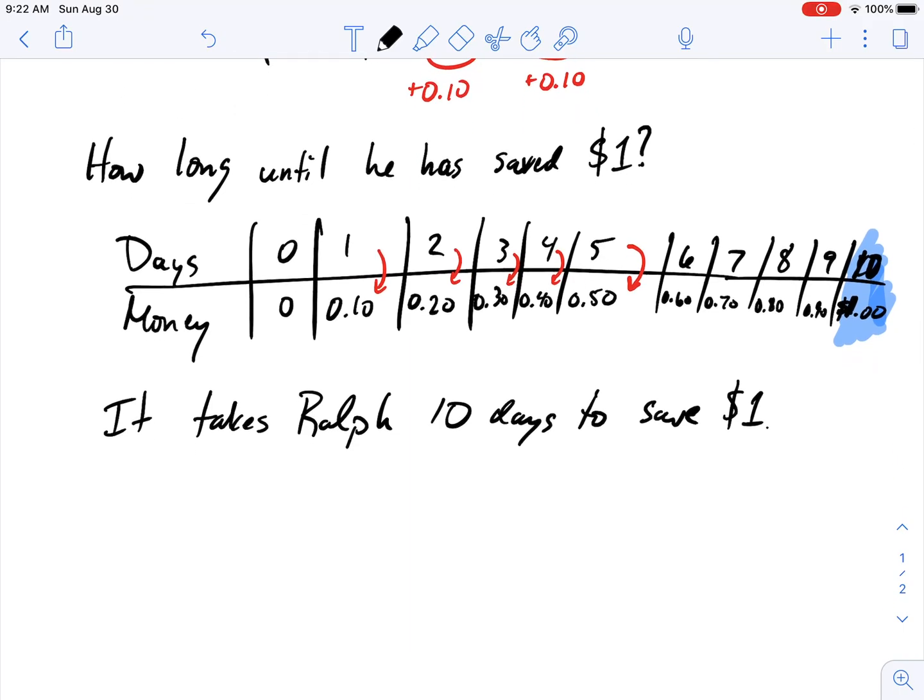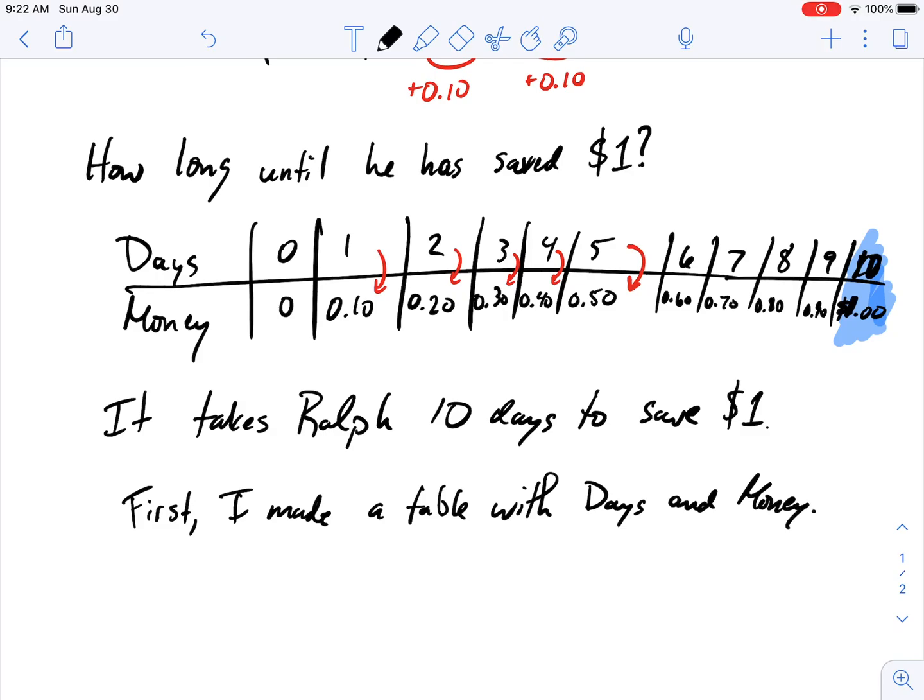and from here, on our worksheet, I'll make sure that you are doing your writing. So when you explain your steps, you'll say, first, I made a table with days and money saved. Then I knew he saved 10 cents per day.